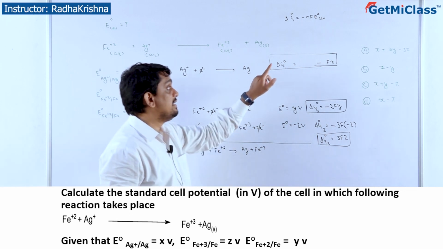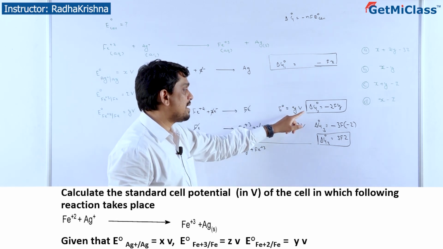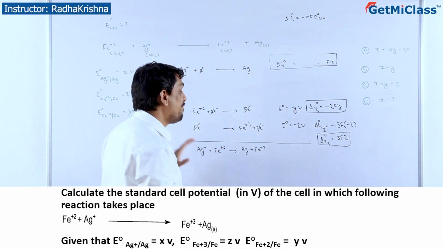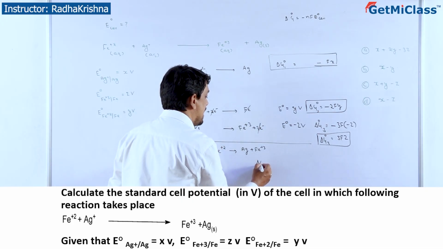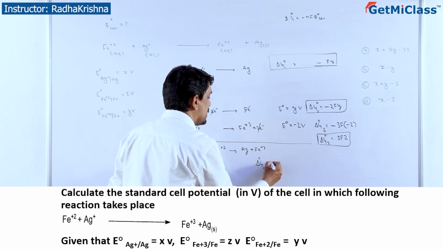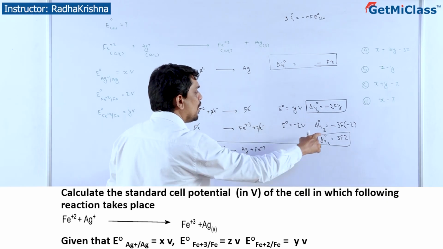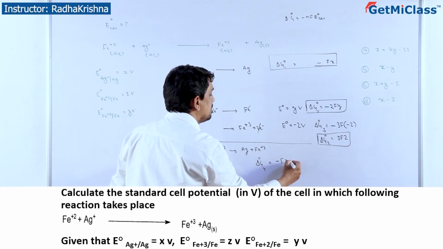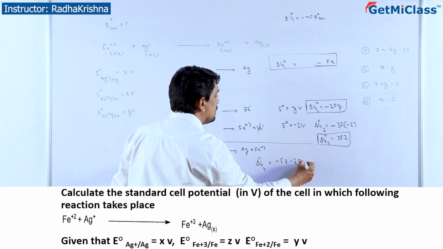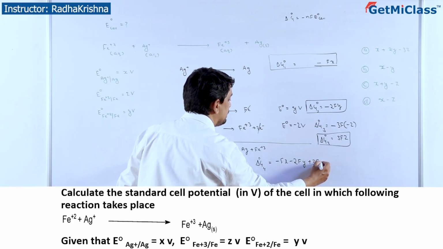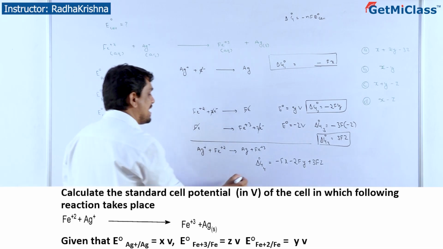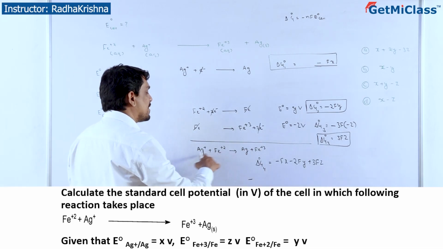We know that delta G1 plus delta G2 plus delta G3 gives you delta G4. So delta G4 naught equals minus FX minus 2FY plus 3FZ. Everyone knows that delta G naught is minus nFE0. How many electrons are involved?